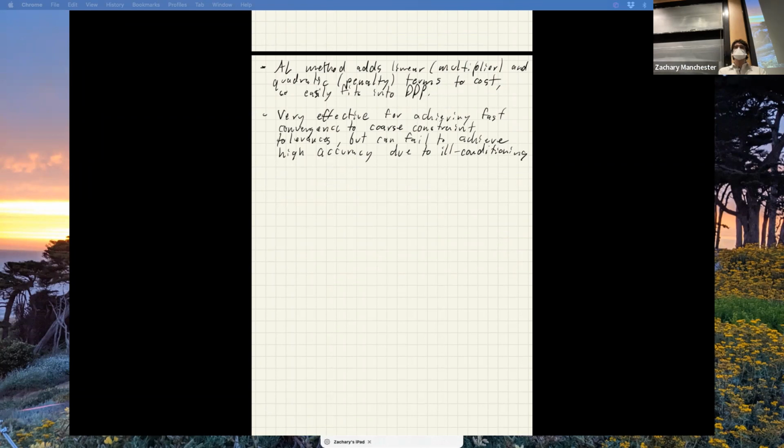And these DDP/ILQR methods already have some conditioning issues due to the long trajectories, especially because of the backward pass. Strictly speaking, that Riccati backward recursion is numerically unstable. So error accumulation due to floating point round off just gets worse and worse as you go backward farther. So it already has some issues with this, and we're making it worse by adding these penalty terms.